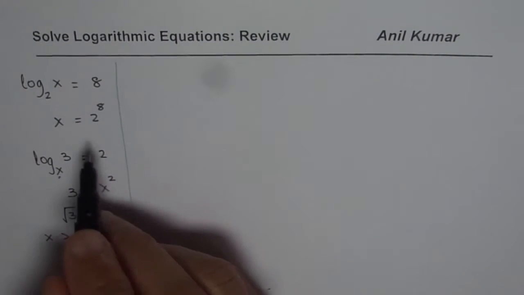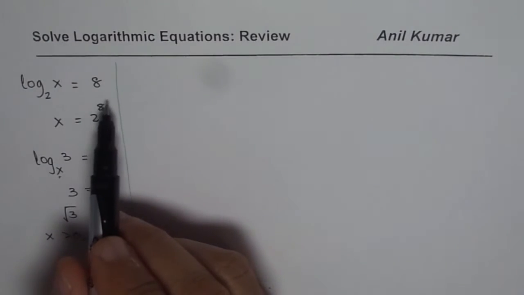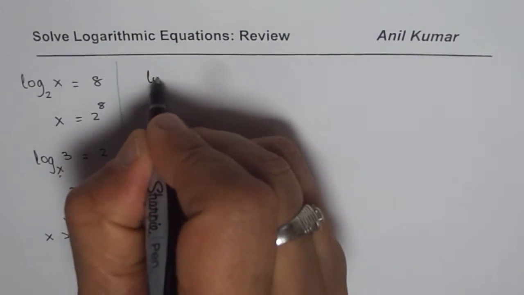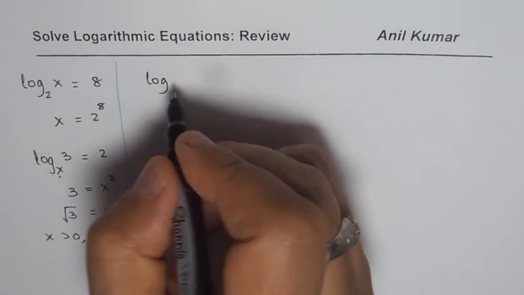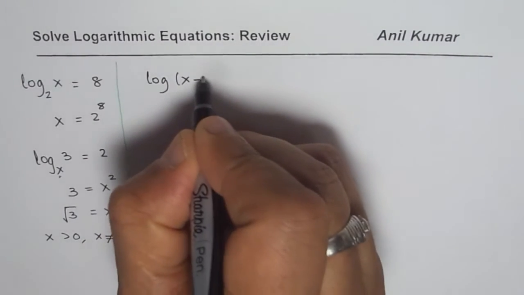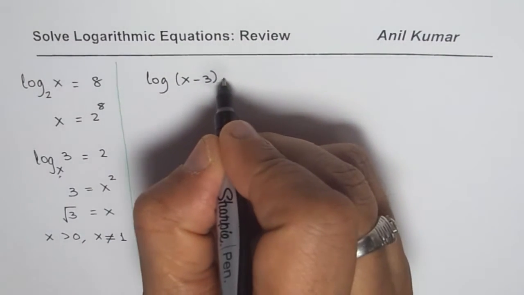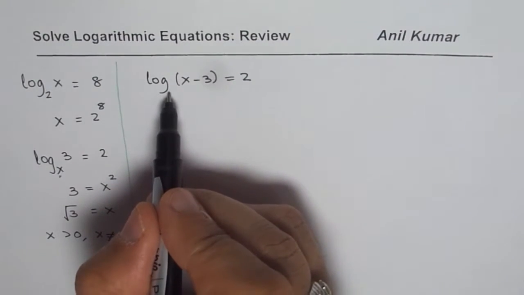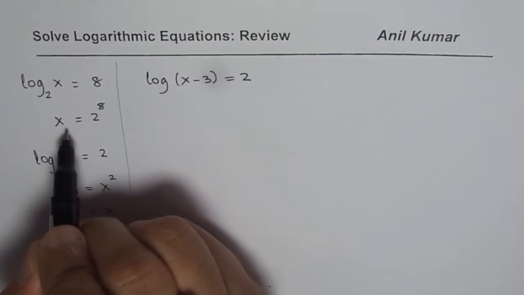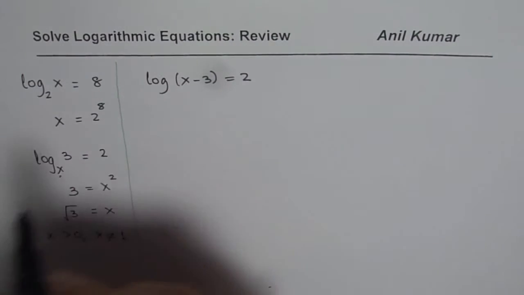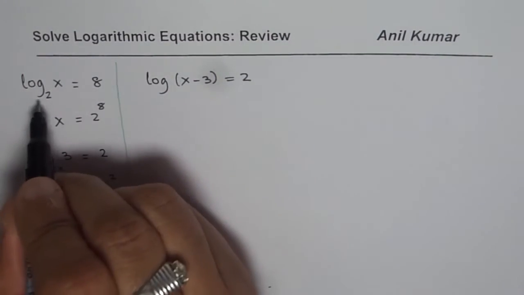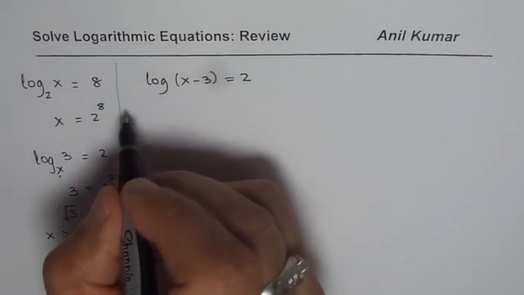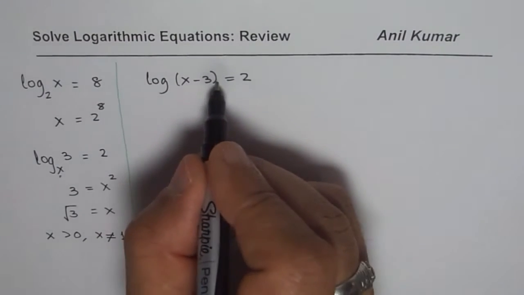Now we could have slightly more intricate log equations. For example, I could give you an equation like log of x minus 3 equals 2. Now if I don't write any base, it means 10 is my base. But I'll apply the same method of solving. I would write this in exponential form. Earlier it was x, now it is x minus 3.